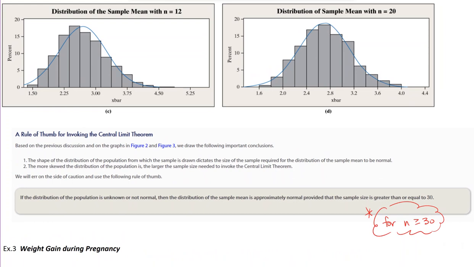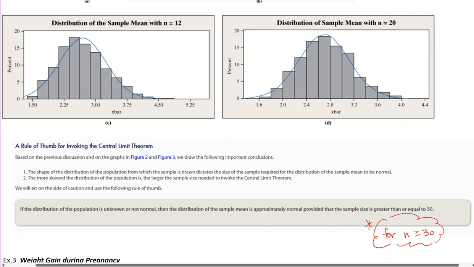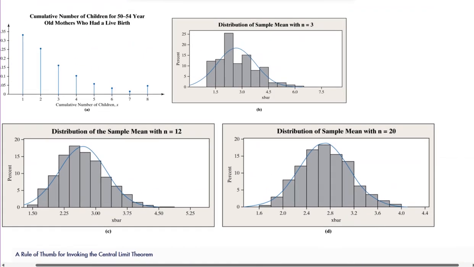So in gray here on our screen: if the distribution of your population is unknown, so if you don't know what it is and it's not explicitly stated in your context, or if your population is not normal, then the distribution of your sample means becomes approximately normal as you increase your sample size, which is what we saw above when we went from a sample size of 3 to 12 to 20.